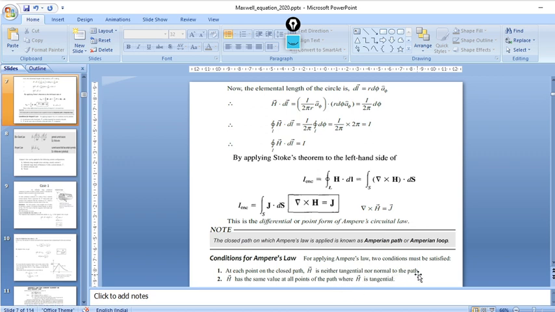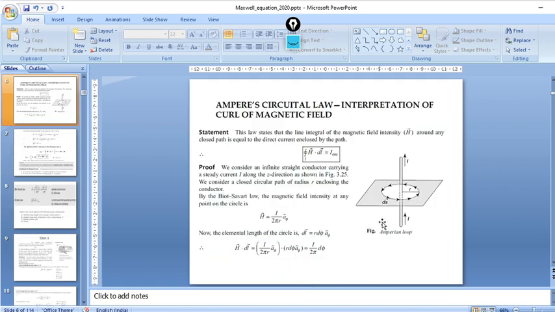Just remember that the closed path on which Ampere's law is applied is known as the Amperian path or Amperian loop. When we apply Ampere's law, we take an Amperian loop around a current carrying conductor, and then we can apply Ampere's law.